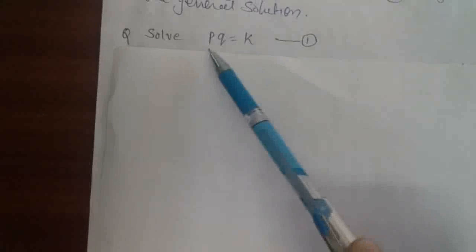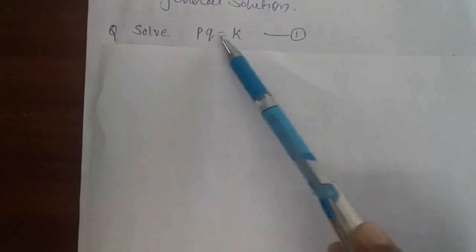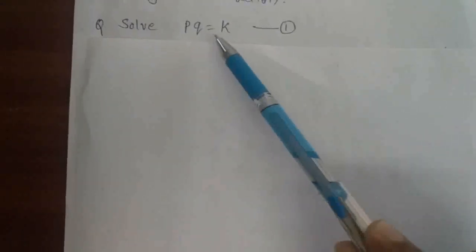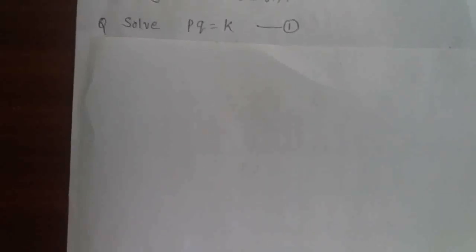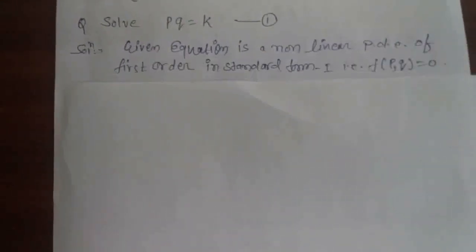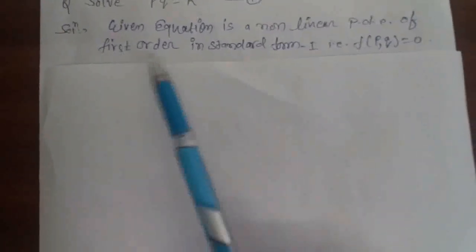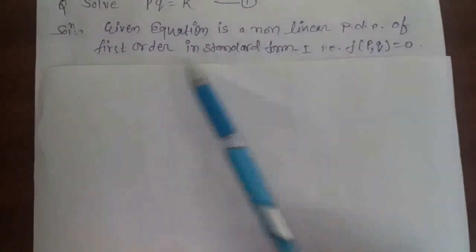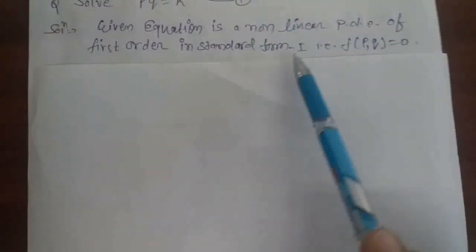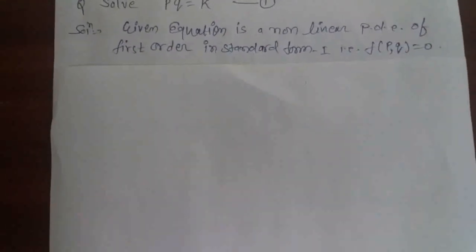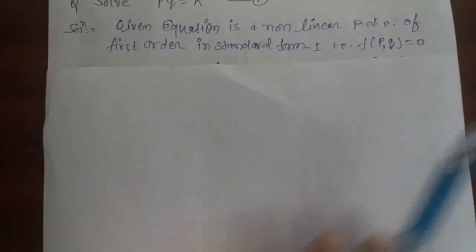Further, the equation contains only p and q, no other variables z, x, y. So the given equation is a non-linear partial differential equation of first order in standard form first, that is f(p,q) equal to 0, containing only p and q.